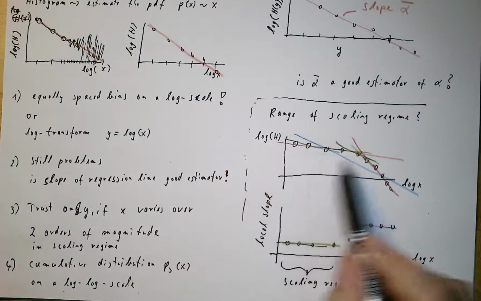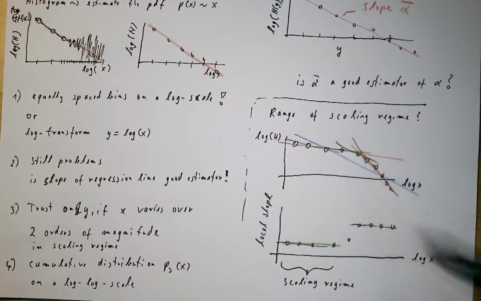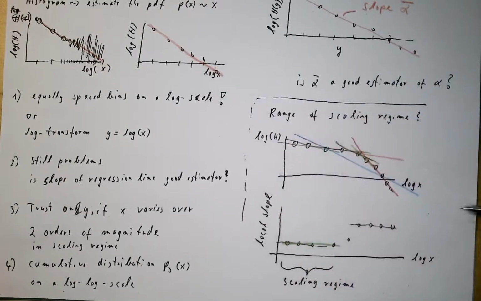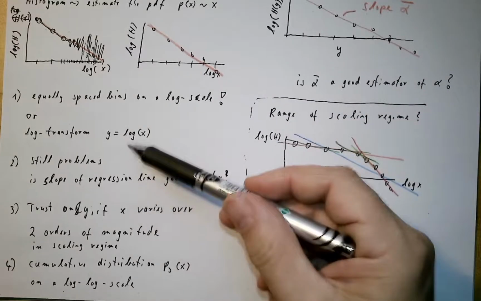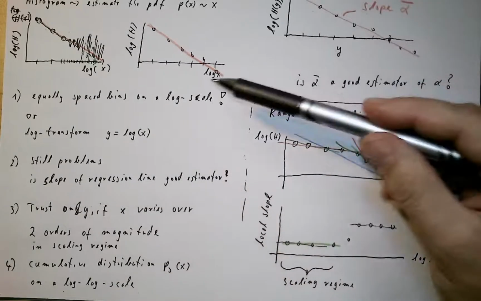But if this is 2 orders of magnitude, then I would say, okay, let's trust this is a power law. And fourth, you should look also at the cumulative distribution on a log-log scale. Is it also following a power law? And then the slope in the cumulative distribution, of course, should differ by 1 from the slope of the normal histogram. If you use all this accumulated evidence, then you might have a real power law.